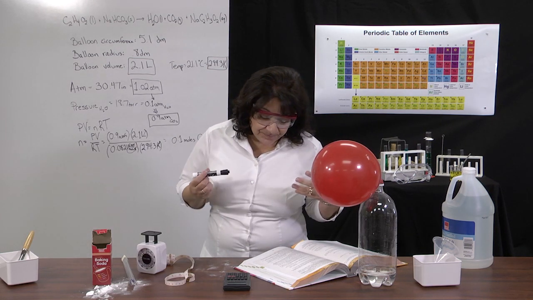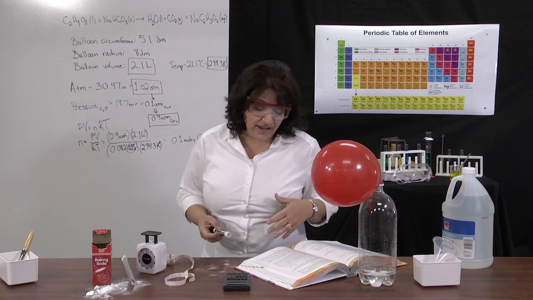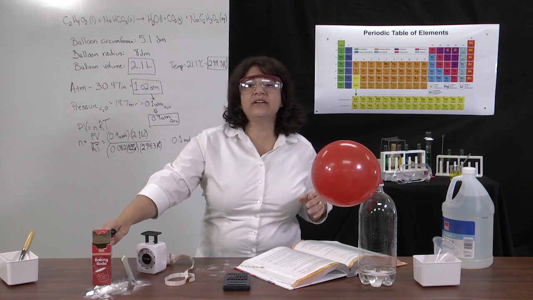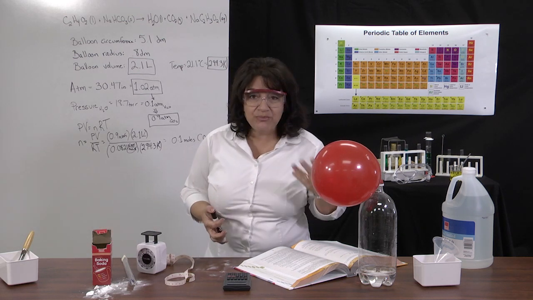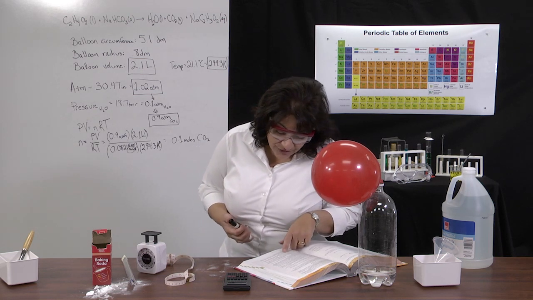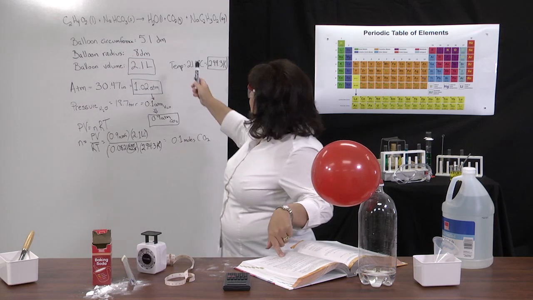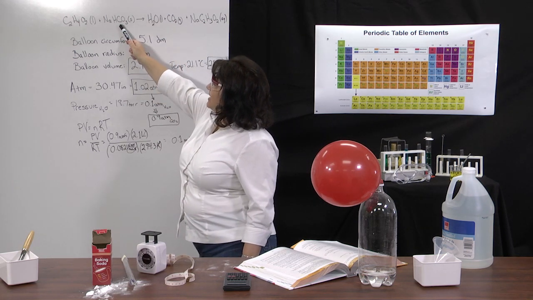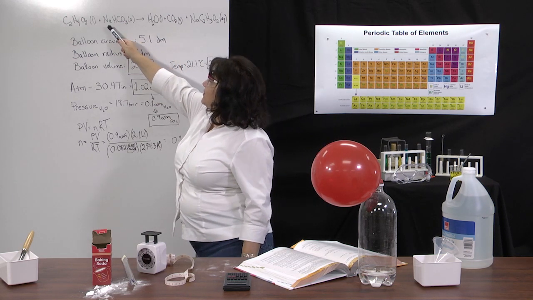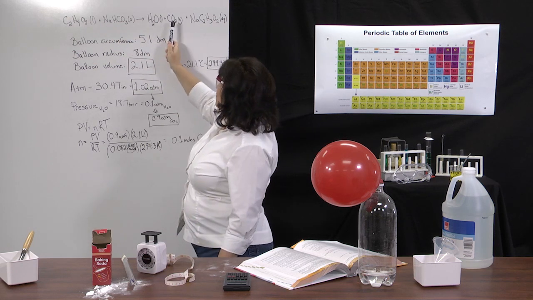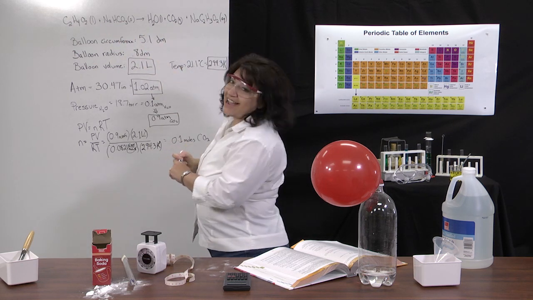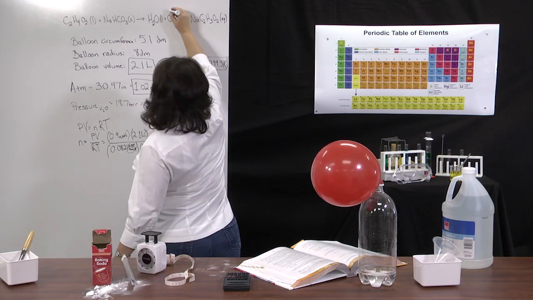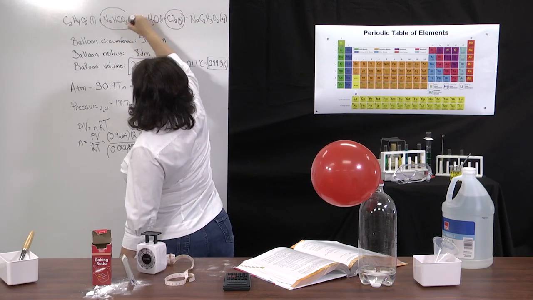We want to know how many moles of the baking soda, which is a solid, we used. So let's look at the formula here. Baking soda is this right here, NaHCO3, and you'll notice there's a 1-to-1 baking soda to carbon dioxide ratio, 1 mole to 1 mole.